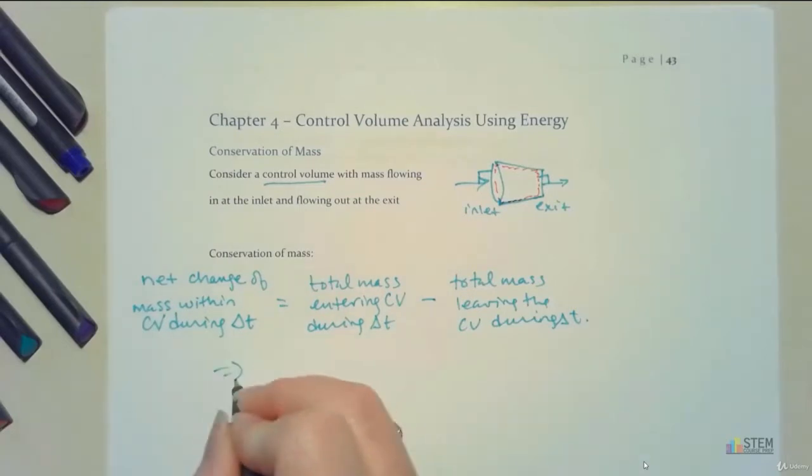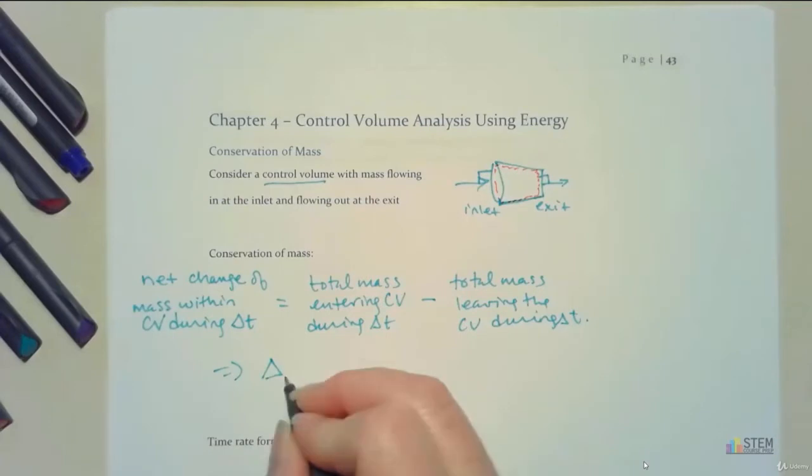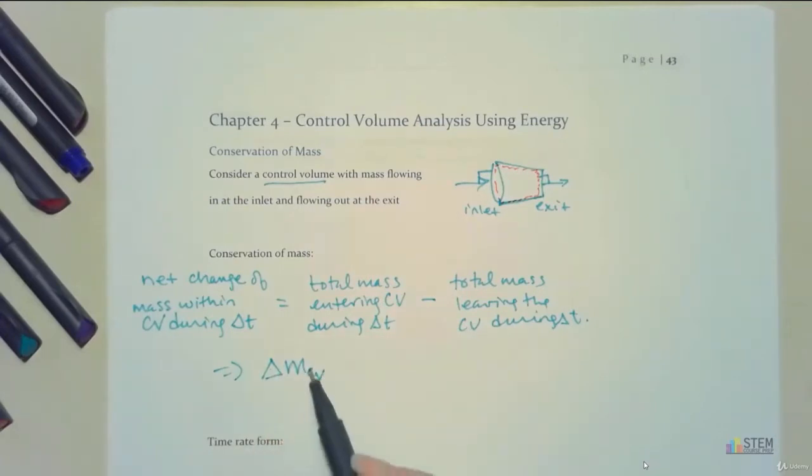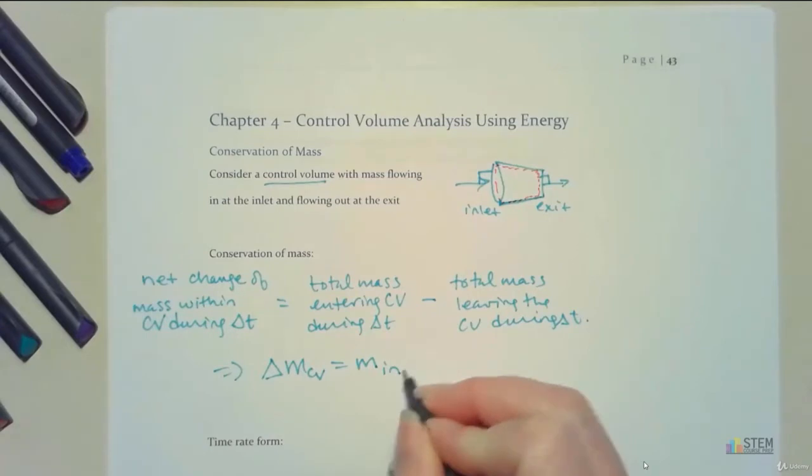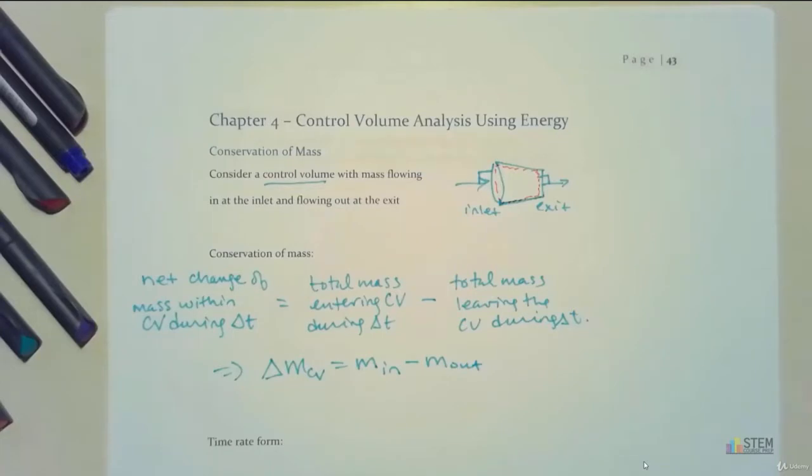Now if we put this in a more mathematical form, we could write the change, or delta, of m_CV. This is stating the change in the mass of the control volume. That's got to equal the mass coming in minus the mass going out. Pretty simple equation there.